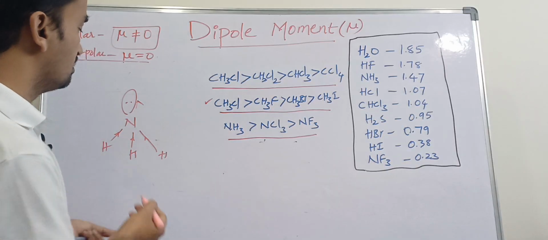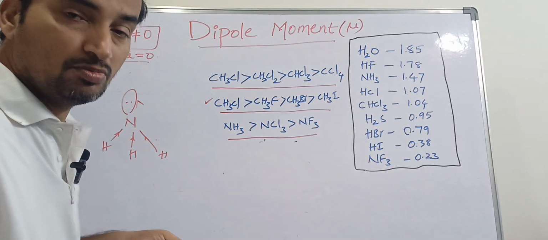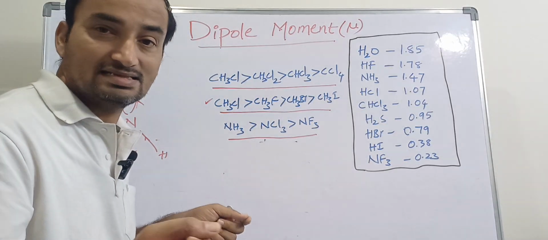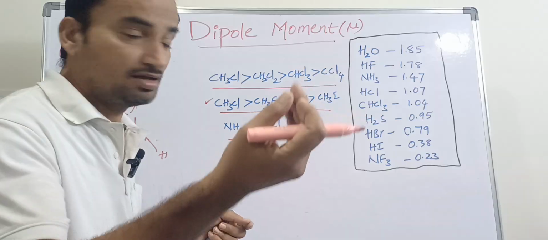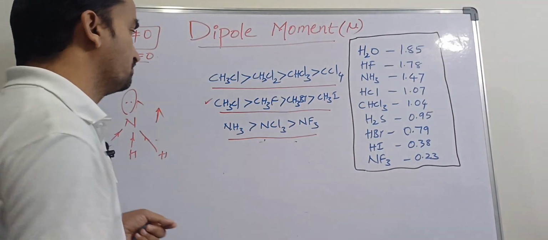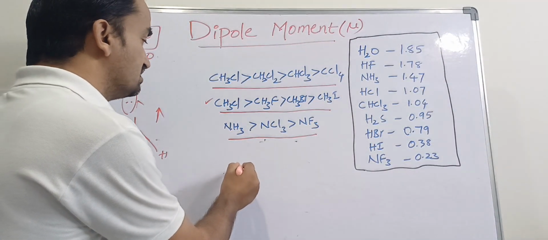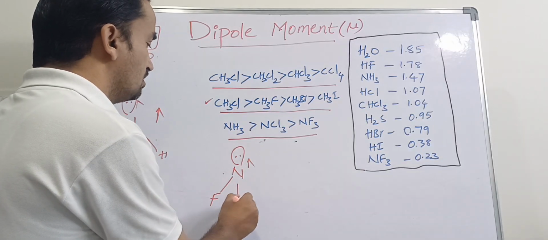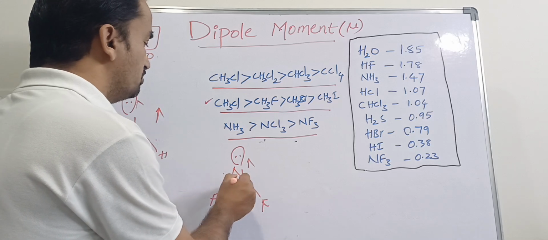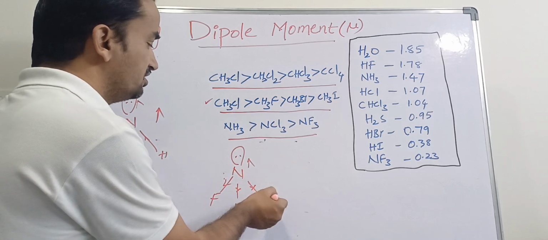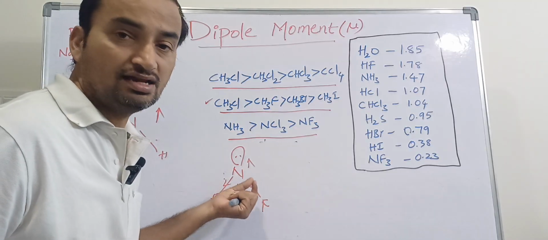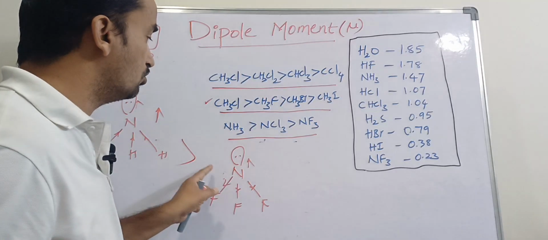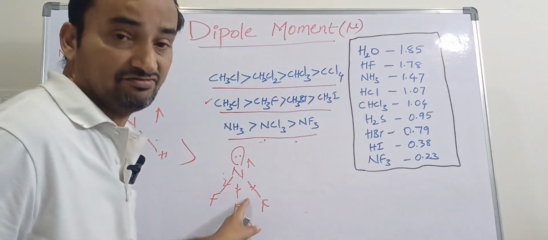So all the bond dipole moments are in the direction towards the lone pair, so there will be a net effect. Whereas in the case of NF3, the lone pair is like this, and the bond dipoles are in the opposite direction, because fluorine is more electronegative than nitrogen. So NH3 is having more dipole moment than NF3.